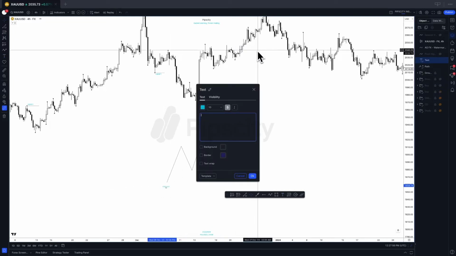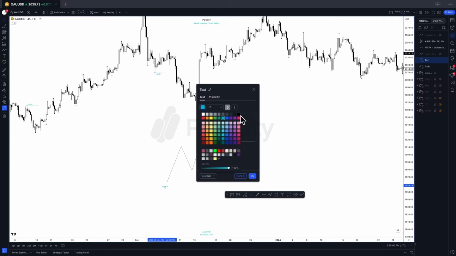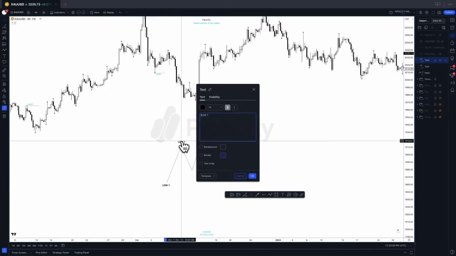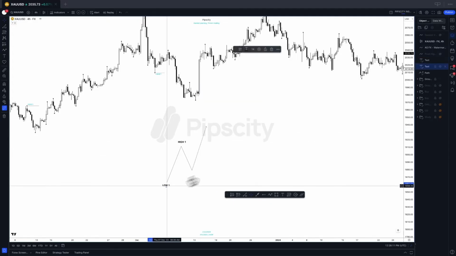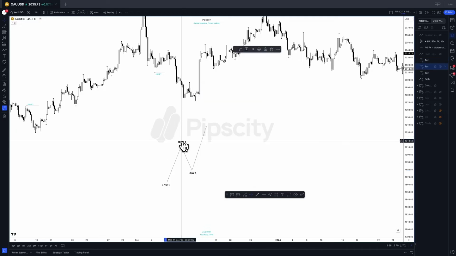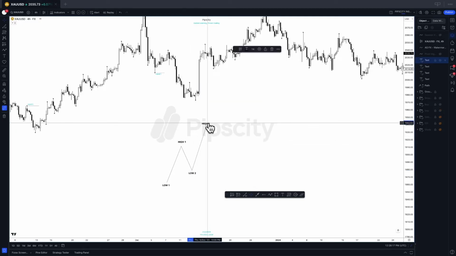So this is our first low, right? The first low that was spotted. And now this is important because when it creates low 1, it creates the first high, correct? We see that. And then it creates low 2, right? And then we have the second high. This basically is a trending market to the upside.